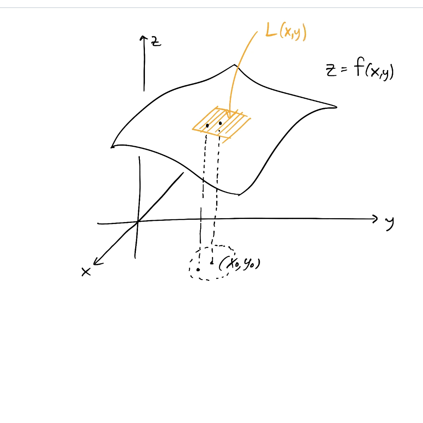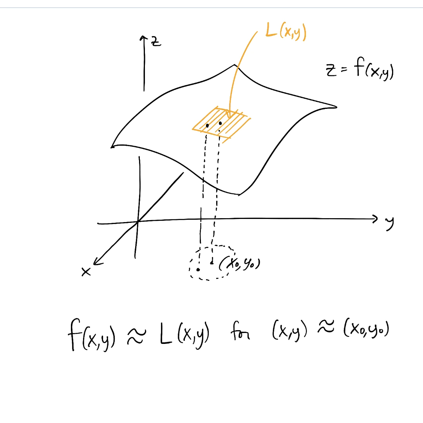And the upshot of the entire discussion is this. F of xy is pretty reasonably approximated by the linearization for points xy reasonably near the known point x0, y0.